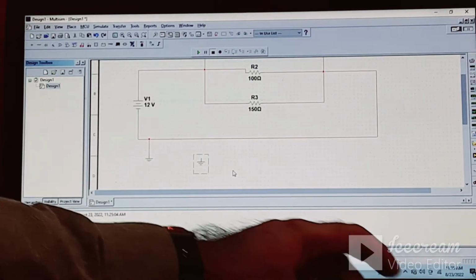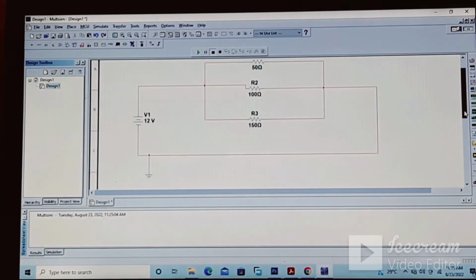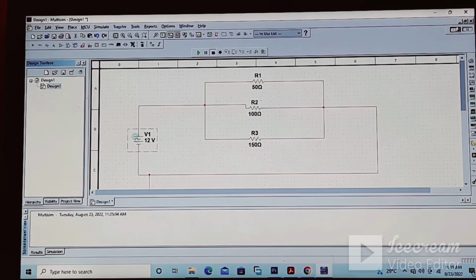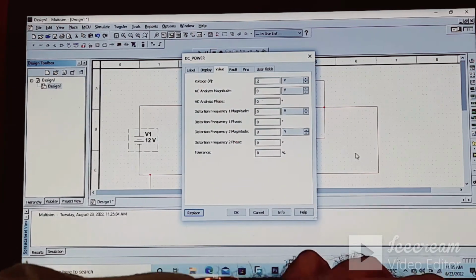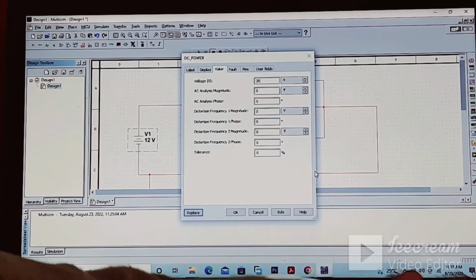So I have taken multiple grounds. Okay. Now this is the circuit. Now we have to set the voltage to 20 volts.